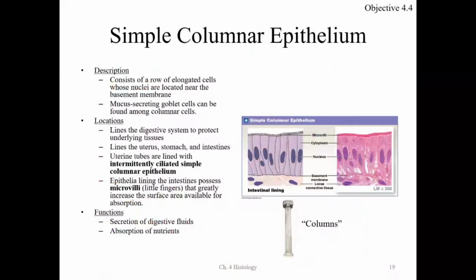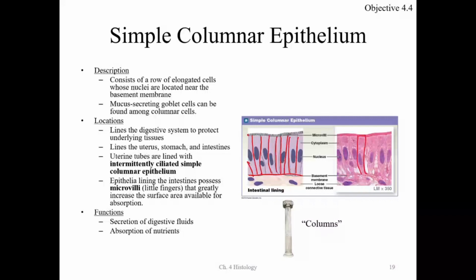Now, simple columnar epithelium. Here we're dealing with columns, so I've got like a Greek column right here. These cells are one cell thick, and the cells are long and tall. Long, tall cells, one cell thick.